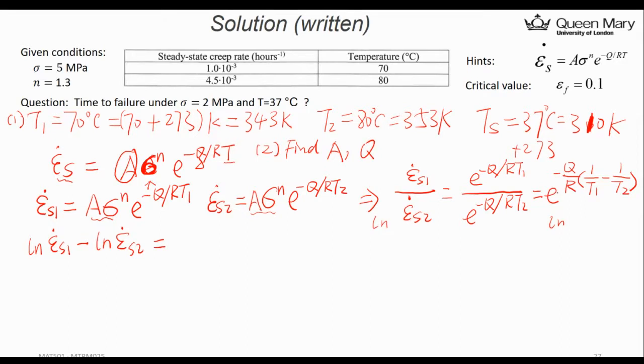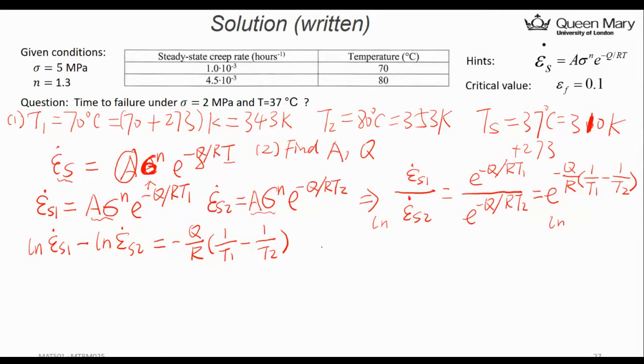And now we cancel the natural logarithm, so it gives us Q over R times 1 over T1 minus 1 over T2.